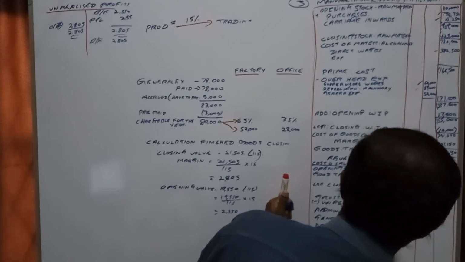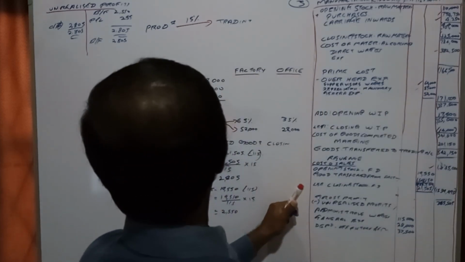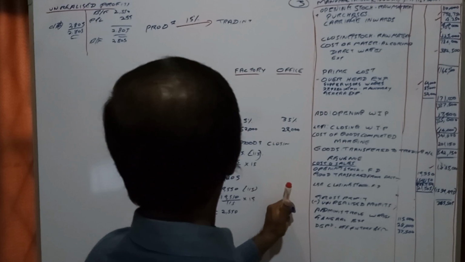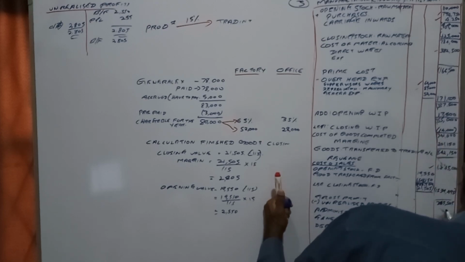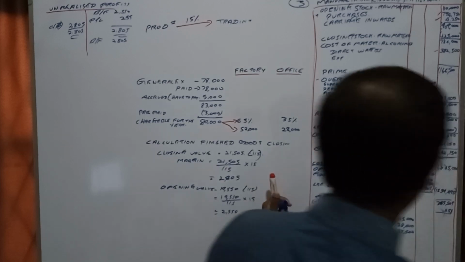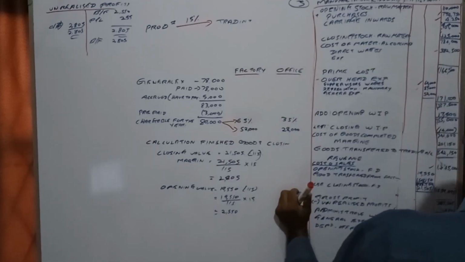That is equal to how much? 255. If you deduct the 255 from the 305,505, 305,250.